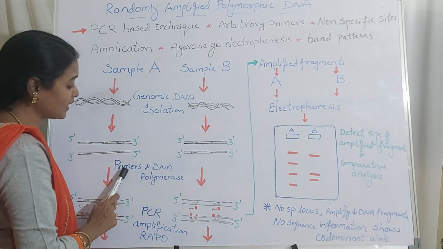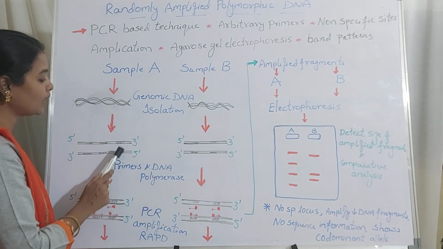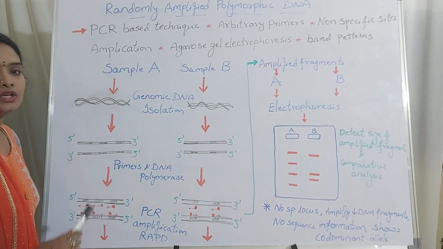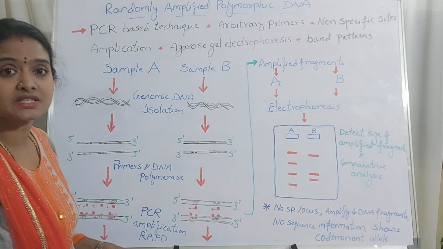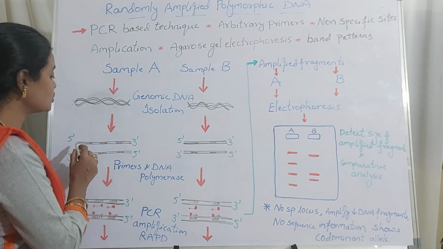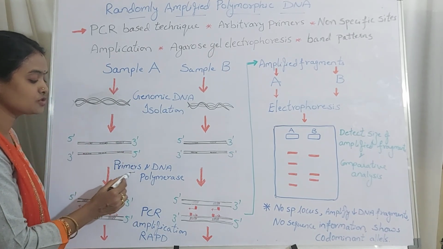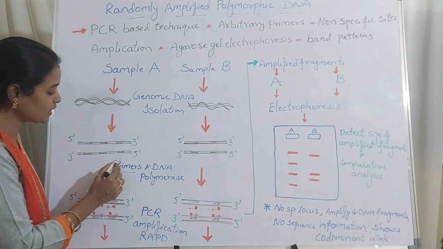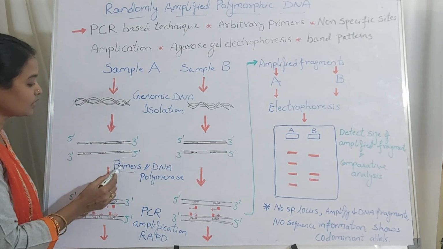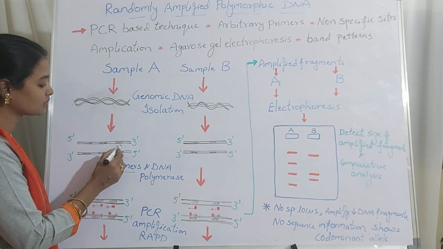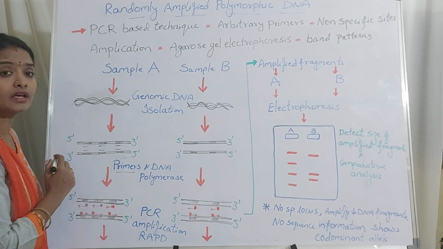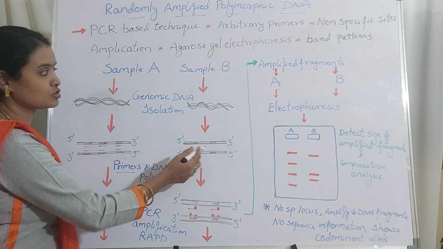Once I add these primers, they bind to their complementary sites. You don't know how many sites are present in this genomic DNA where these primers will bind. Randomly you are adding, and the primers go and bind at the complementary sites for both A and B.